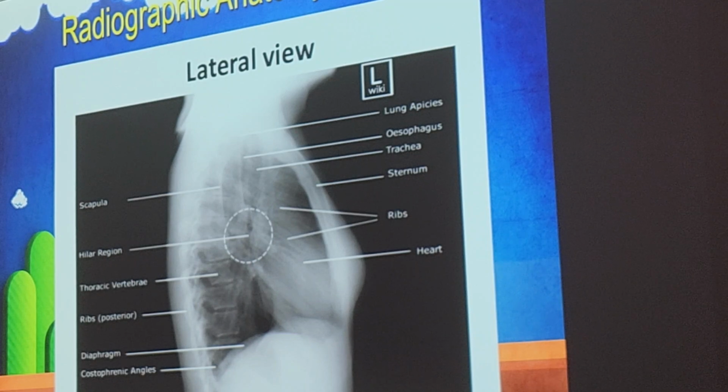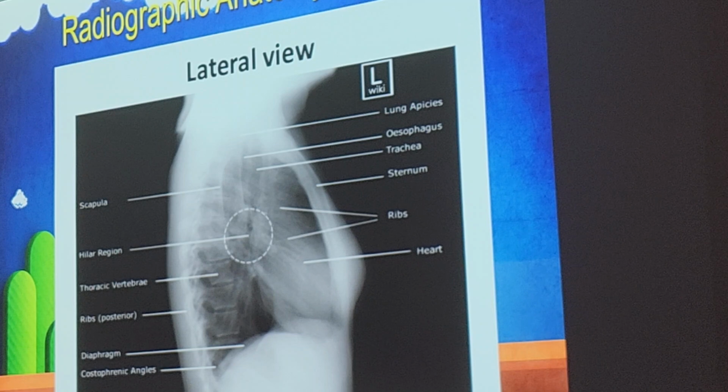For a lateral, they're superimposed. Therefore, it would just be lung apices, plural, or superimposed lung apices. Same concept for costophrenic angles, superimposed costophrenic angles, superimposed base of the lungs. Now that says diaphragm there, that's just showing where the diaphragm is, but when it comes to labeling x-rays, we're actually gonna label that at the base. That's the superimposed base of the lungs.